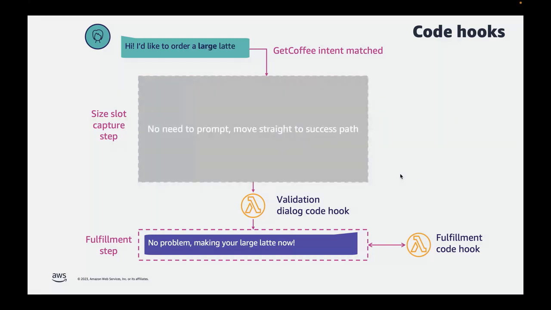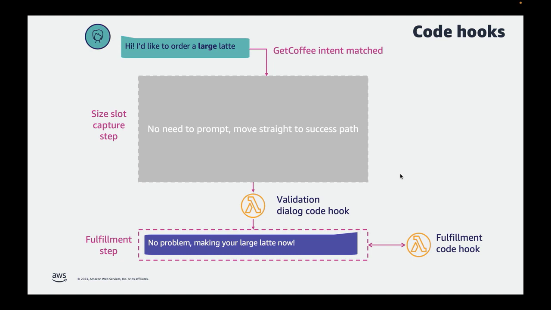But let's consider this following solution, right? So if the customer said, I'd like to order a large latte, then when we move to the slot elicitation, so we're like, hey, we need to capture the size, we will check and we will already have the size, and we will not prompt for it.